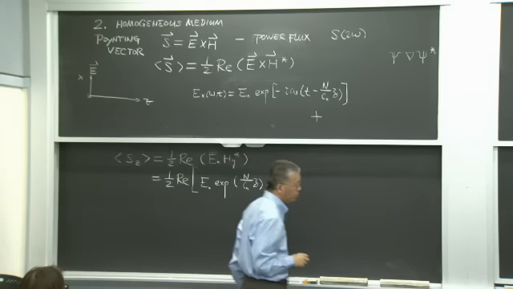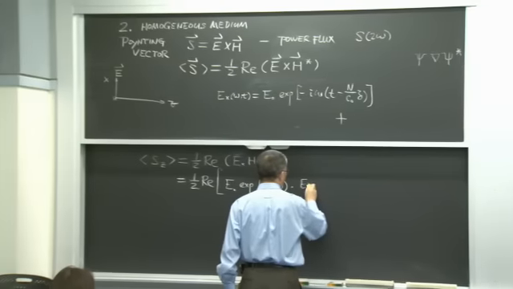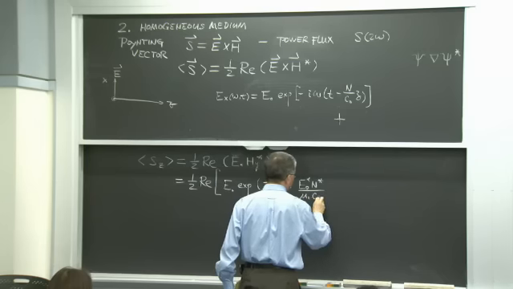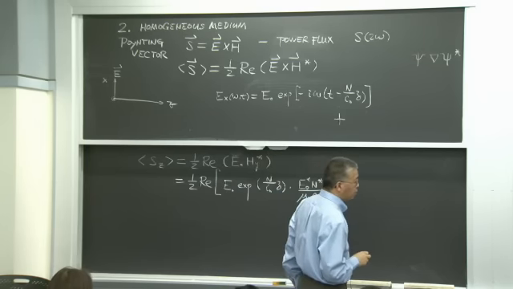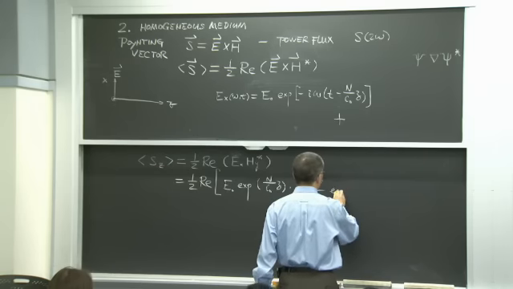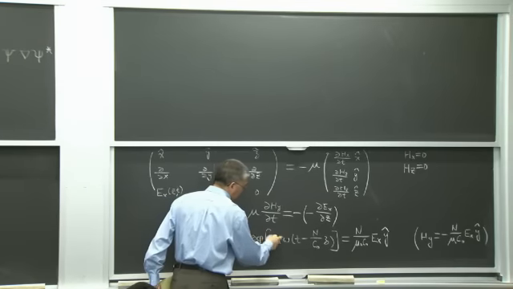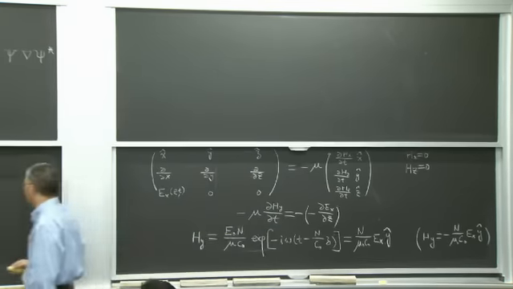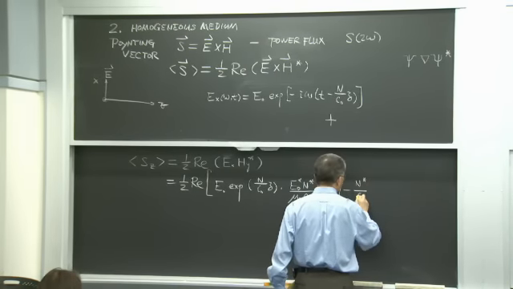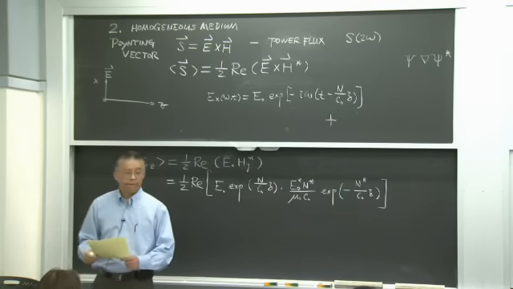Hy is E0 complex conjugate, n complex conjugate, divided by mu 0 C0, and I take mu as pretty much as in vacuum, and then I have an exponential, and this becomes a plus i, and this is a negative, so I have exponential of negative n complex conjugate omega over C0 z. That's my Poynting vector, right?